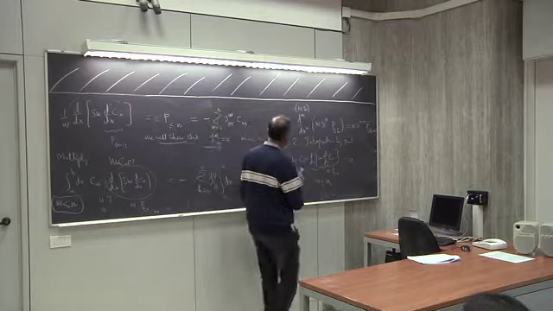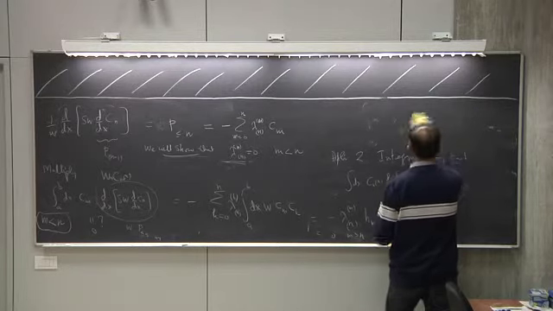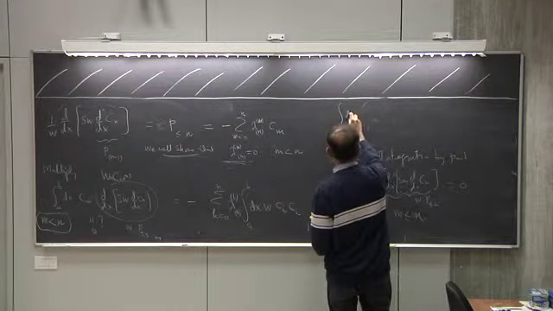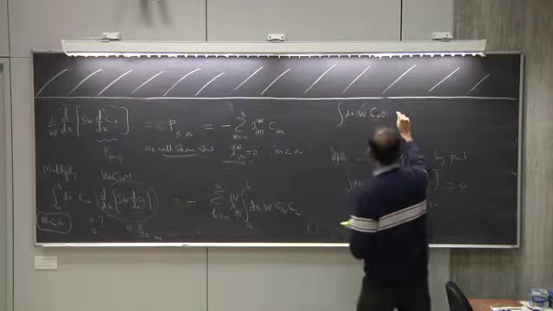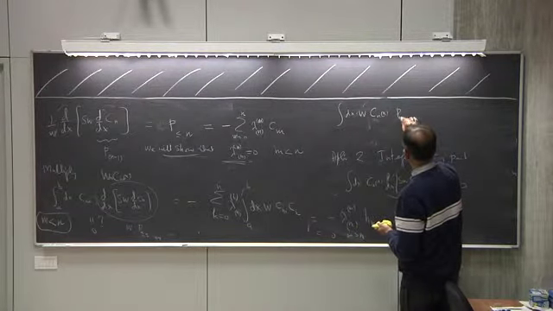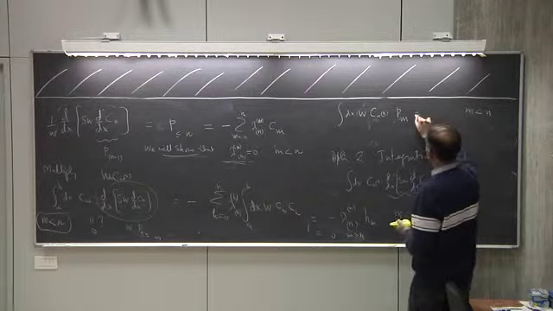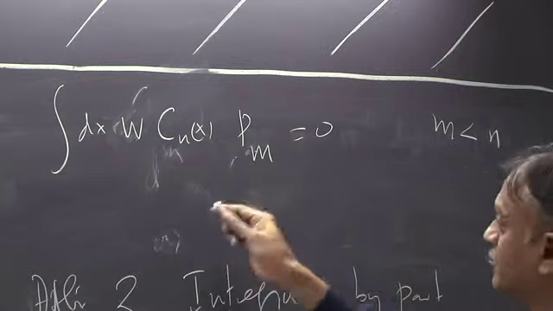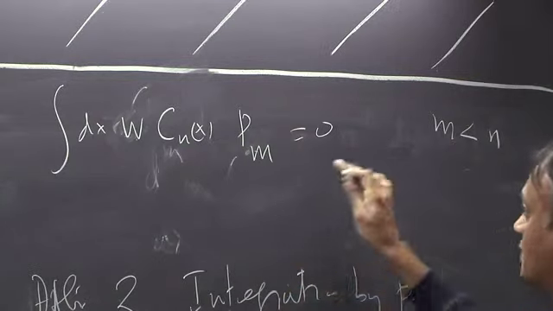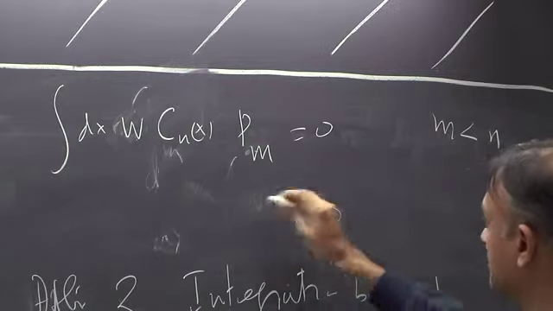What we proved in proving the orthogonality was the following: the integral dx of Cn(x) w times any polynomial of degree m, where m is less than n, is equal to 0. This is what we proved, but not the other way around. We didn't prove that. In fact, it's not even true. In general, it is not equal to 0.